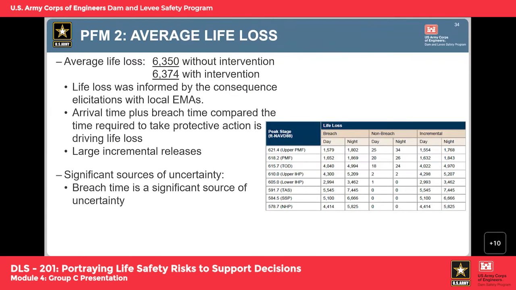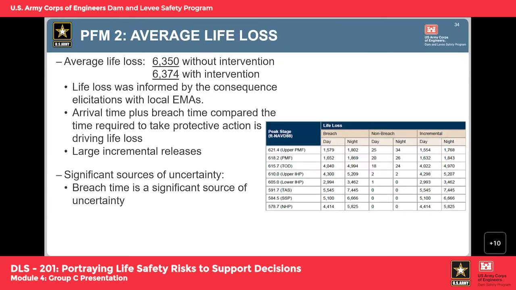The average life loss is 6,350 without intervention and 6,374 with intervention. I think I might have said "with" both times, but hopefully y'all can read.